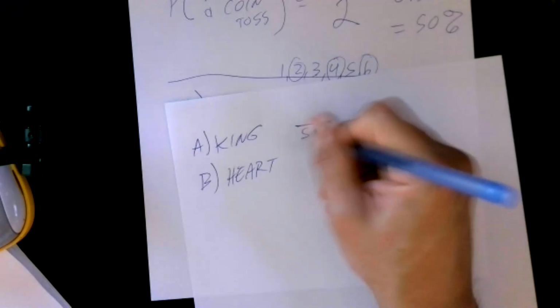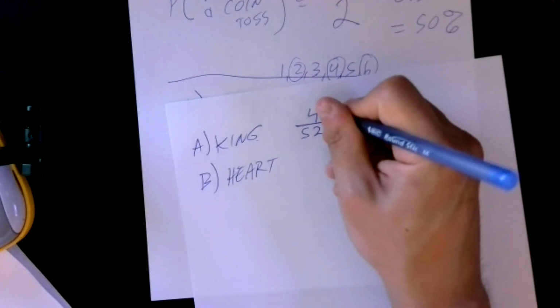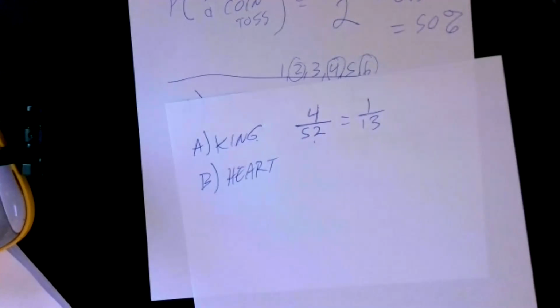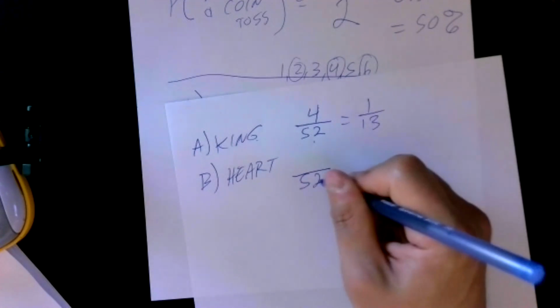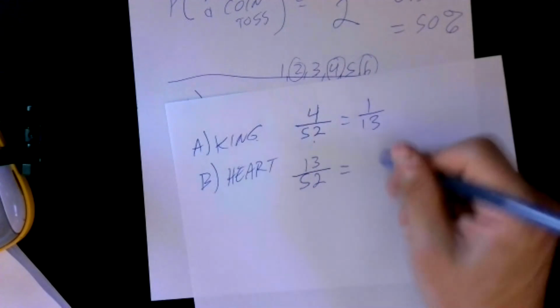There are 52 total cards. How many kings are there? 4. 4 out of 52, which is the same as 1 out of 13. For a heart, there are 52 total cards. There are 13 hearts, which makes 1 out of 4.